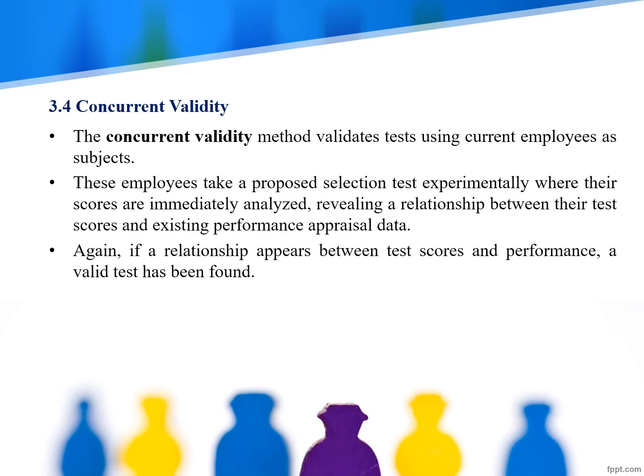These employees take a proposed selection test experimentally, where their scores are immediately analyzed, revealing a relationship between their test scores and existing performance appraisal data. Again, if a relationship appears between test scores and performance, a valid test has been found.